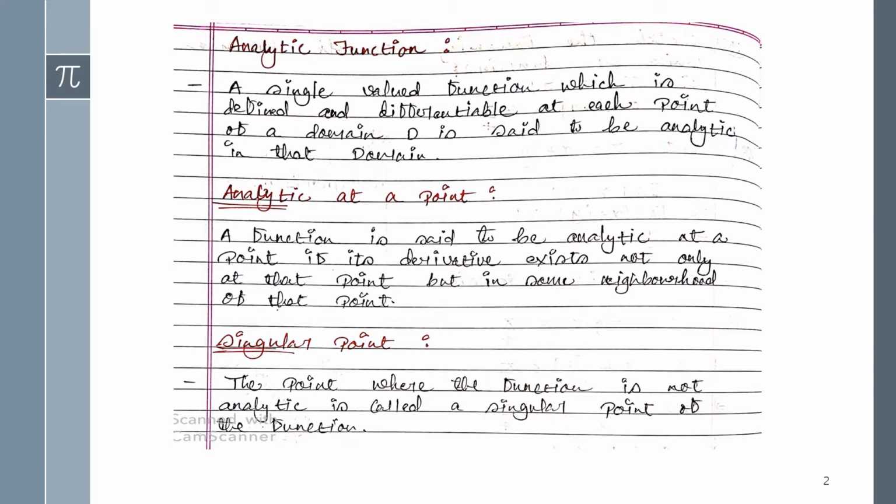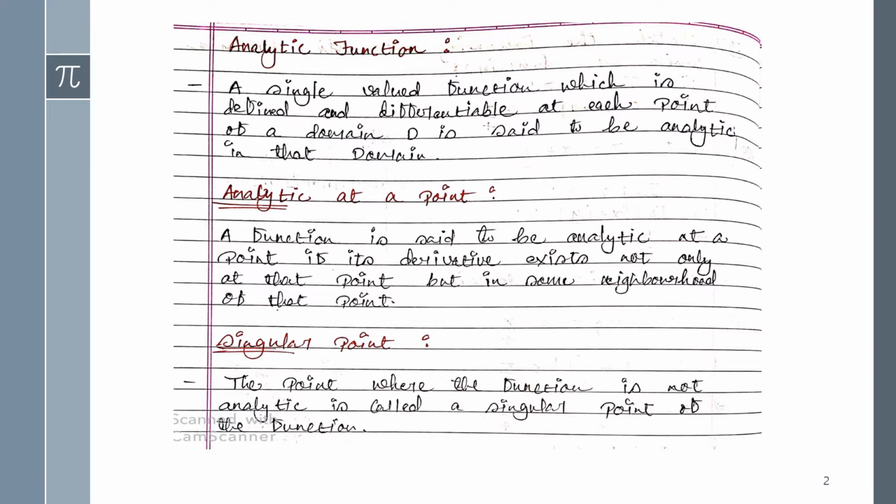It means one point will be given, and for that specific point we will solve the example. A function is said to be analytic at a point if its derivative exists not only at that point but in some neighborhood of that point.